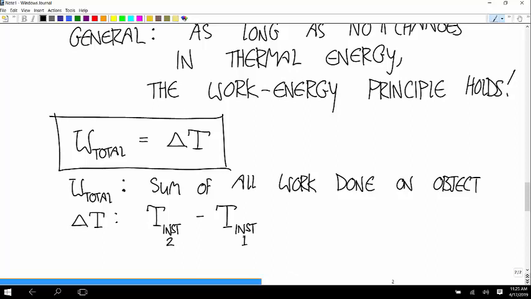Just see how much it is at the two instants and subtract, and that's equal to the total work.